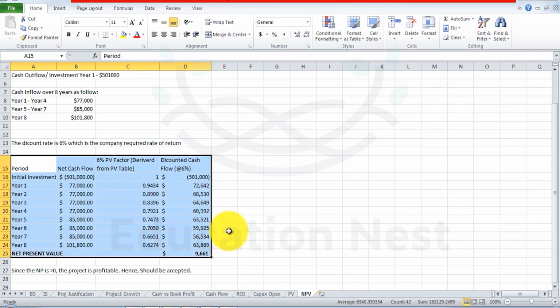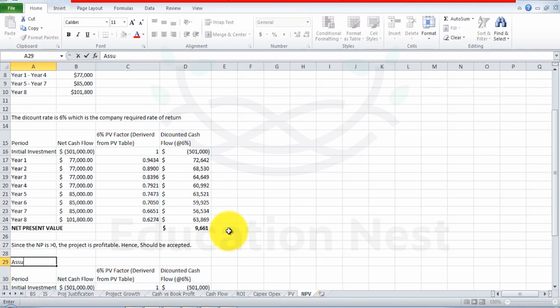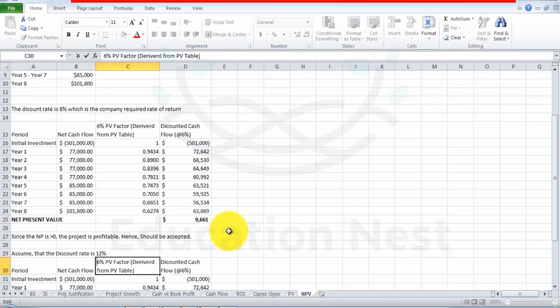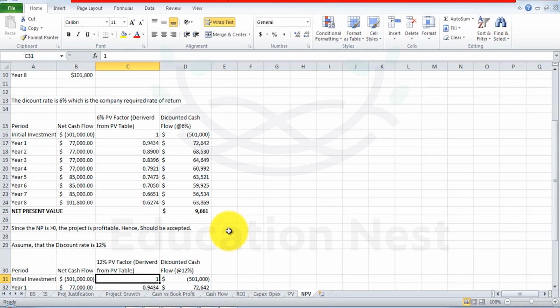We'll use the same formulas over here. The only difference is we'll write here, assume that the discount rate is, we'll just double it up, 12%. So we have discounted cash flow at 12%.